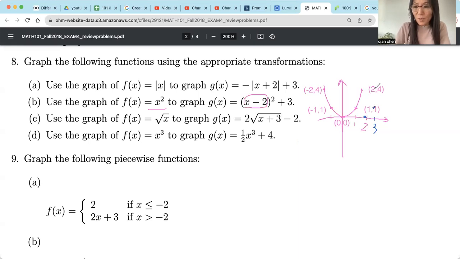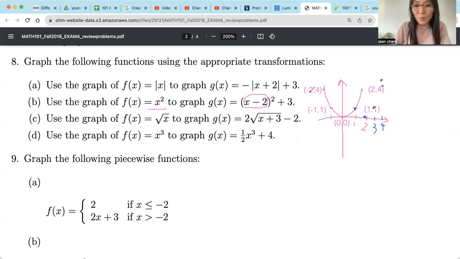(2, 4) now push 2, 2 plus 2, 4. So 4, let's see, 4 is here. (4, 4). Somewhere here. Then being symmetric. -1 plus 2, that's 1. (1, 1), have this point.